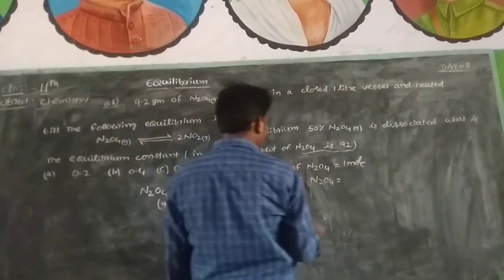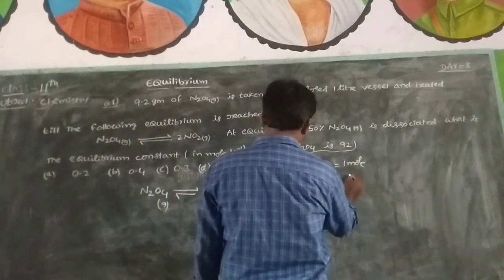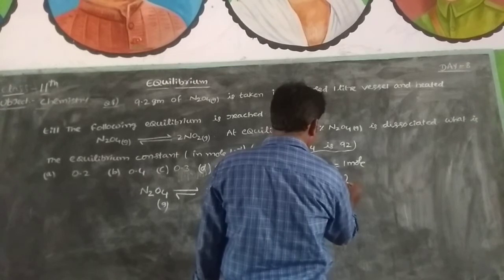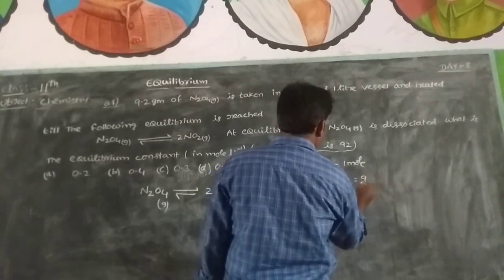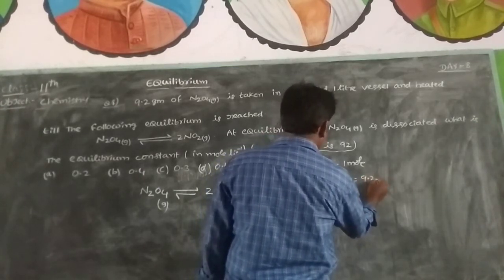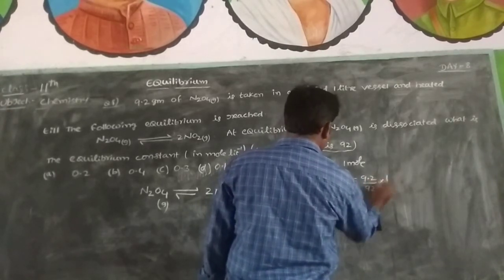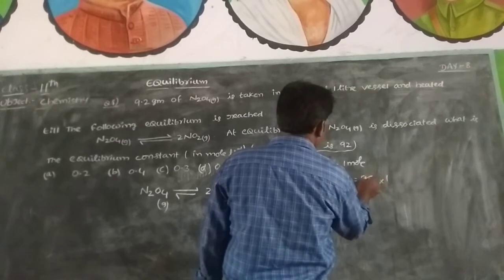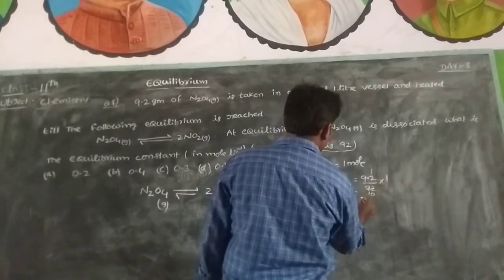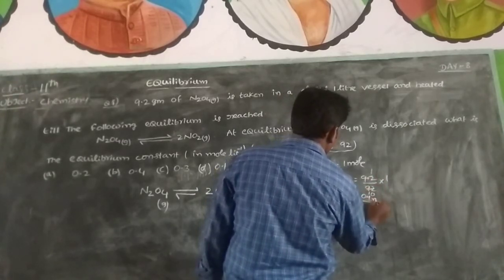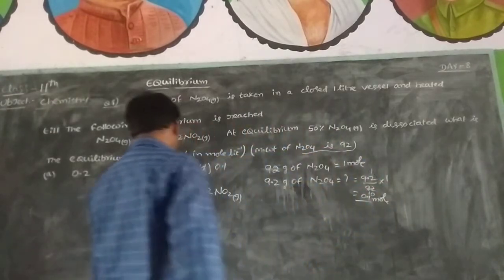9.2 by 92 into 1, that is equal to 1 by 10, that is equal to 0.1 mole. Okay?